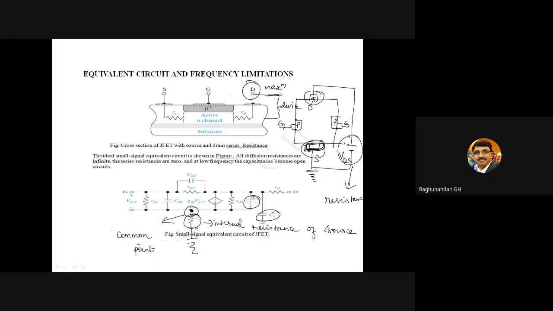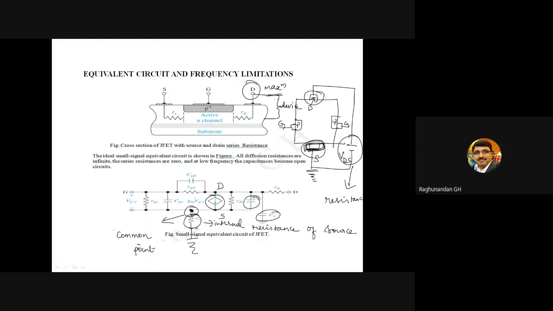So the drain now acts like a current source to the device. That's why, between the drain terminal and the source terminal, we write a current source.